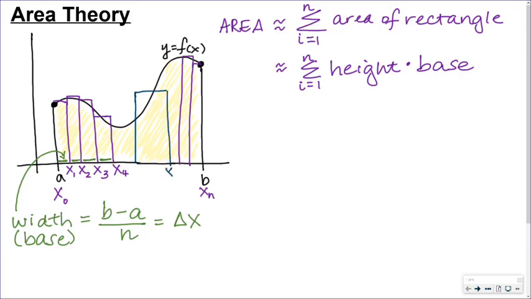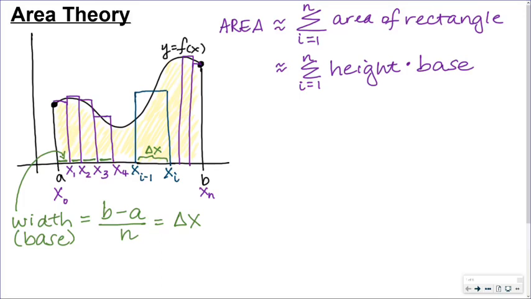I'm going to call this x sub i, which would make this x sub i minus 1. Now, because these rectangles are all of equal width, we can calculate the base of our rectangle, delta x, by subtracting a from b and dividing by n.